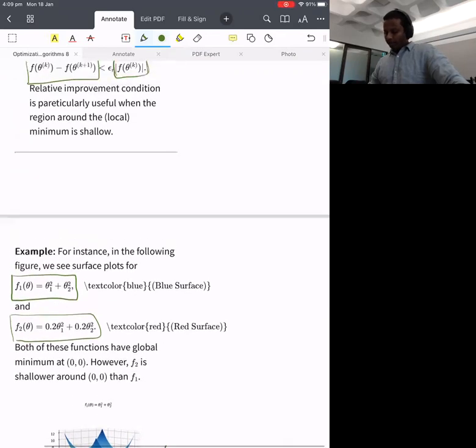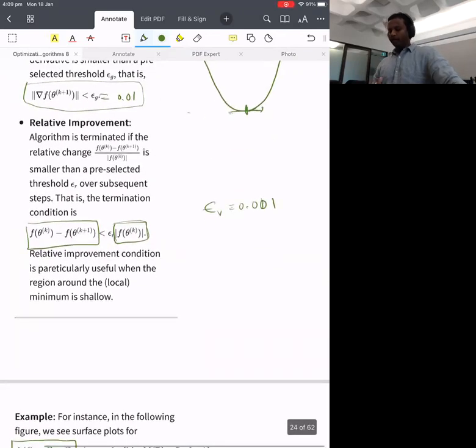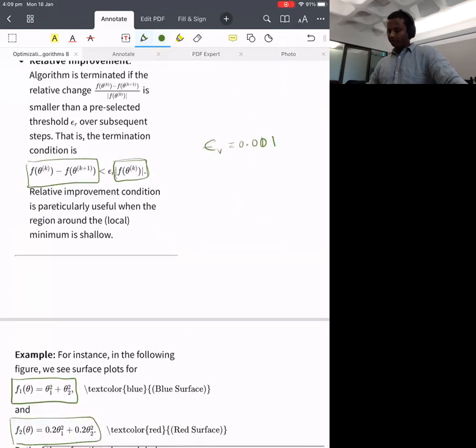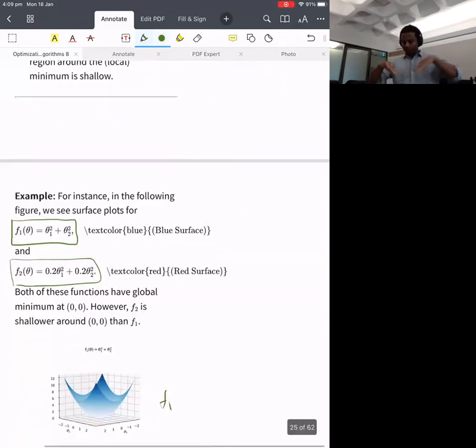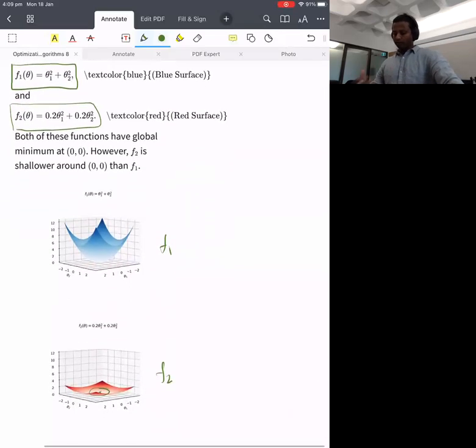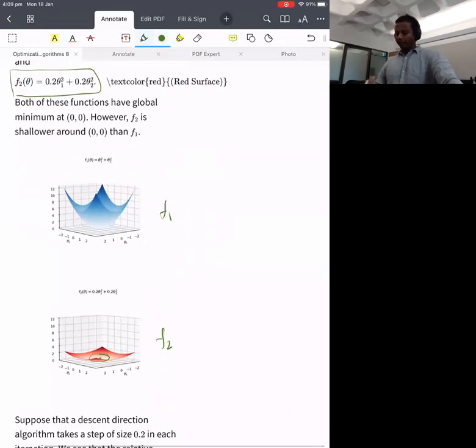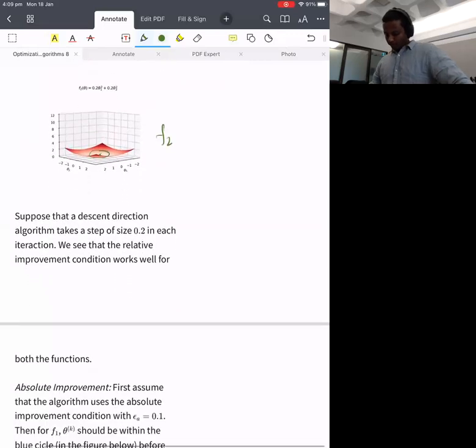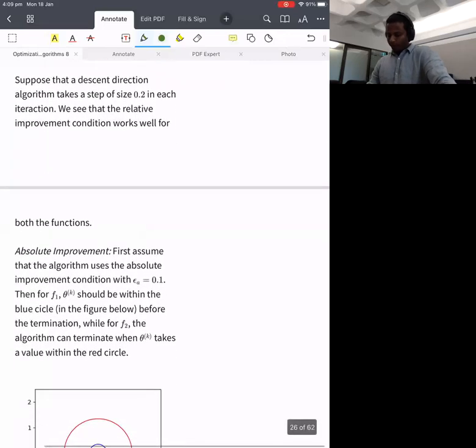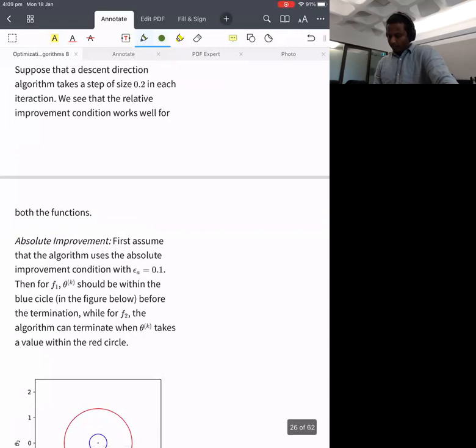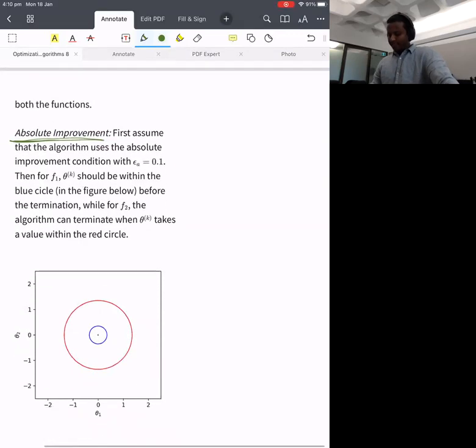How will relative improvement actually help in a situation where you don't know whether the loss function is shallower or not? You want your algorithm to work well with both cases. First, suppose you apply the absolute improvement condition, and this is theta space.